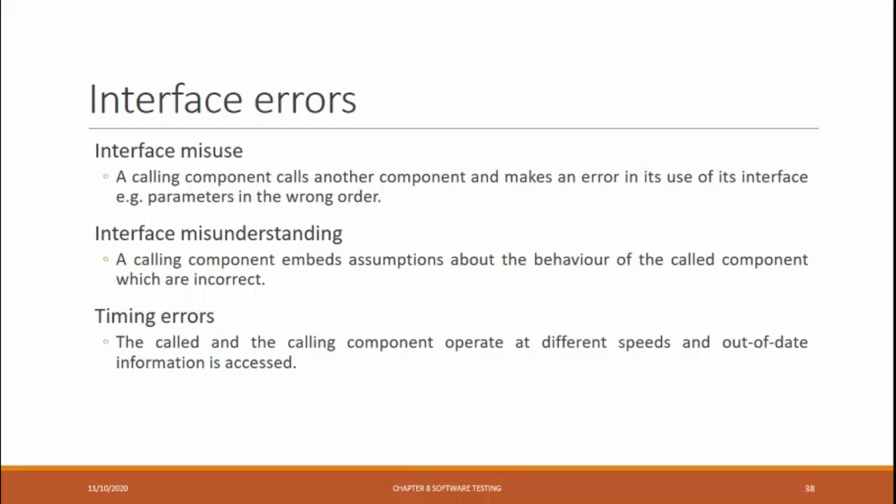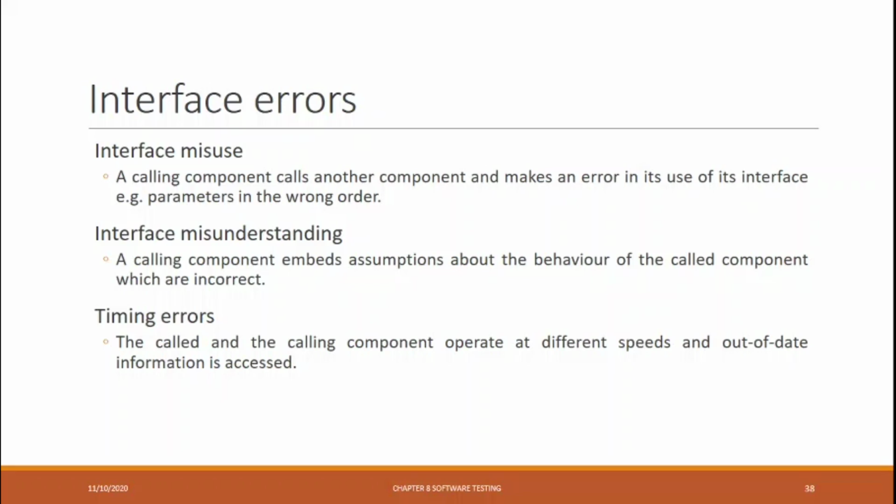If they ask in the examination the types of interface errors, they are parameter interfaces, shared memory interfaces, procedural interfaces, and message passing interfaces. If they ask what classes the errors fall into, they are interface misuse, interface misunderstanding, and timing errors.